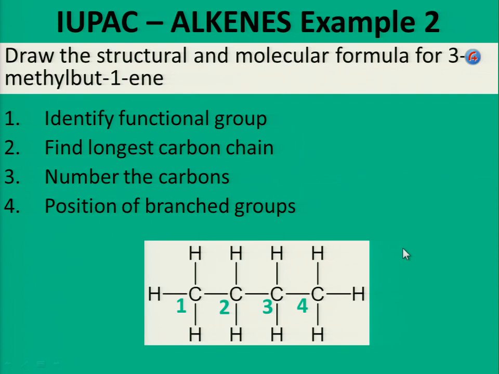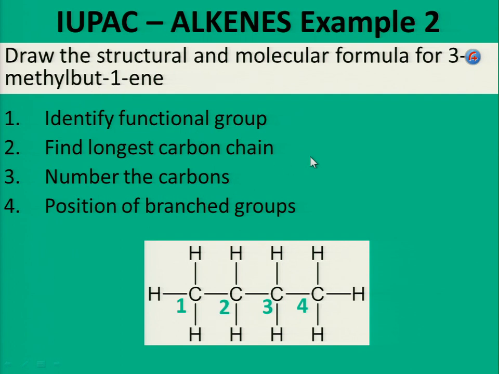Alkenes, example 2. Draw the structural and molecular formula for 3-methyl-but-1-ene. So the first thing you do is identify the functional group, which is an alkene. Find the longest carbon chain. Here it is. 1, 2, 3, 4 carbons because it says but.